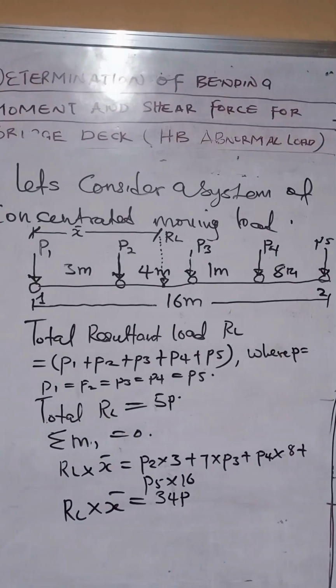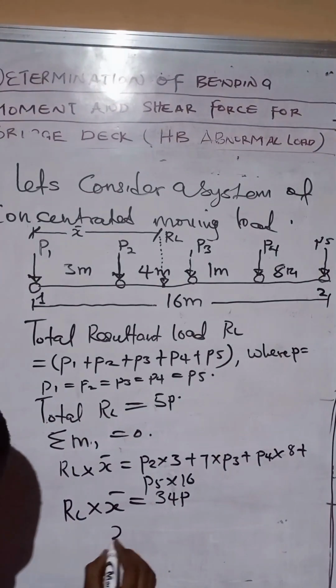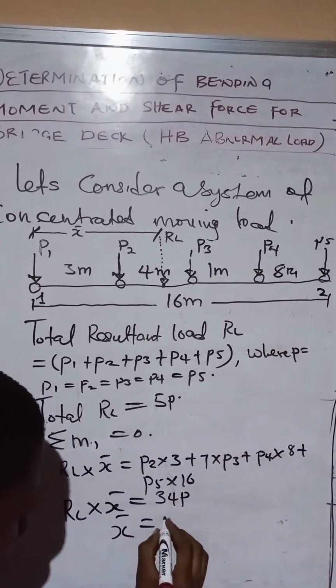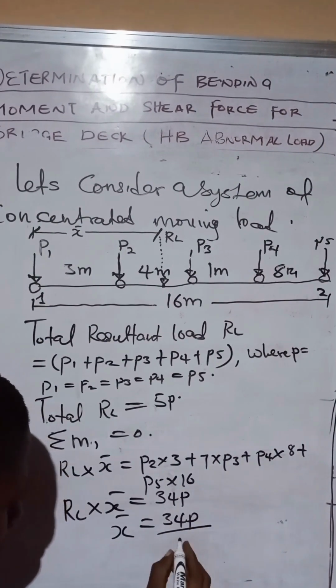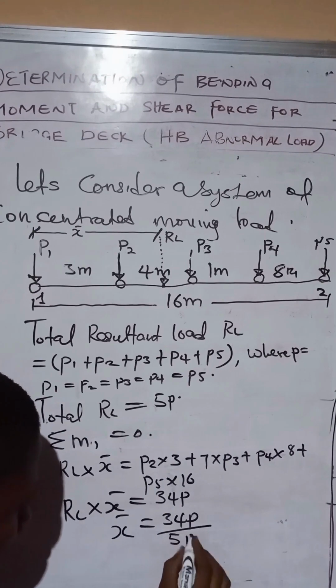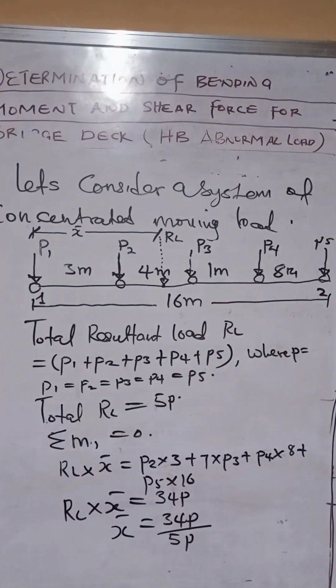34p. So if we do that, we'll have that bar S is equal to 34p over 5p. Now remember, taking down the moment, we are not really interested in the sign of the moment because this is just a load that is moving. We're not looking at the gravitational impact of this load.